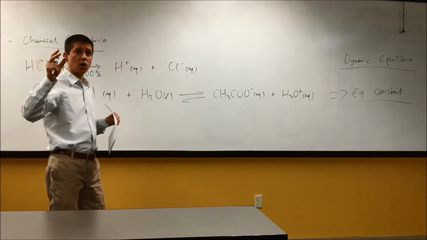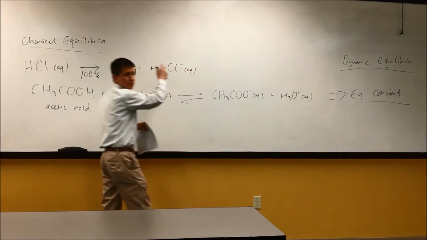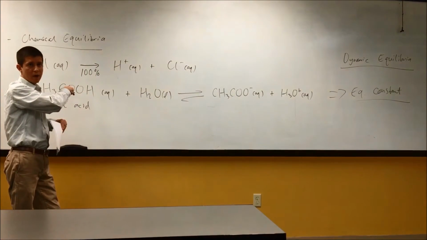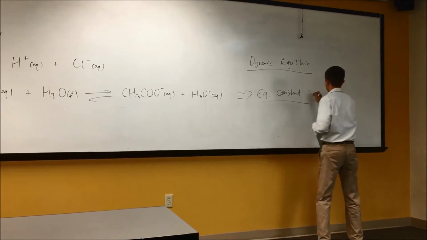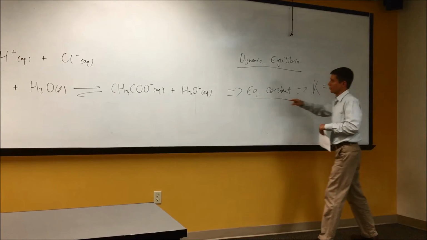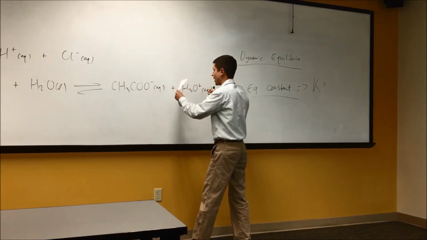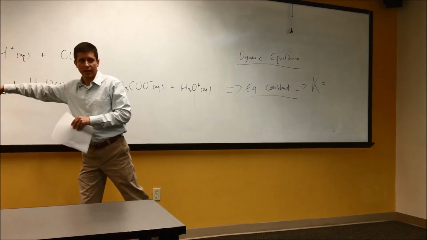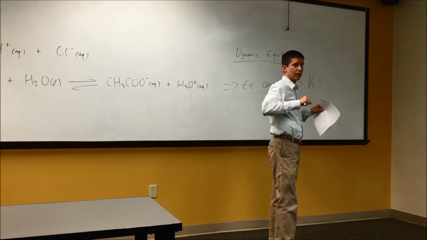All they represent are ratios, relative amounts of products to reactants. In fact, the form of an equilibrium constant, the way you write it, is as a ratio. It's given the symbol big K, and we write it as a ratio of the concentrations of our products divided by the concentrations of the reactants, with a few caveats that we'll talk about.